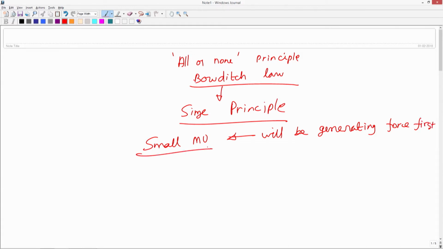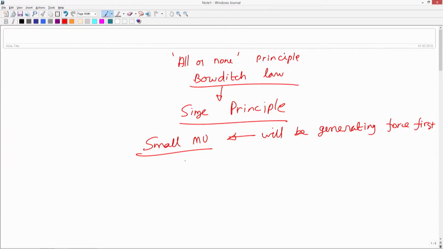The small motor units are all made up of slow muscles. They can stay there for a long time. Small motor units are going to generate smaller force first. Large motor units are going to generate larger force. So, what we want is to gradually increase the force. So, first the small motor unit has to be recruited.